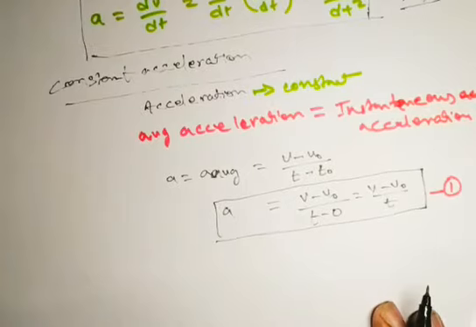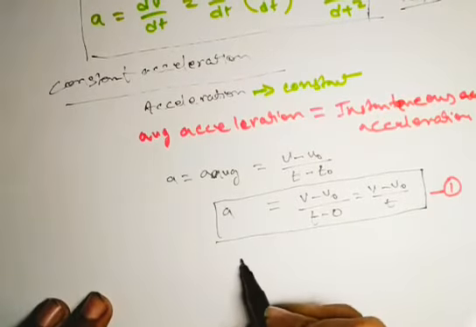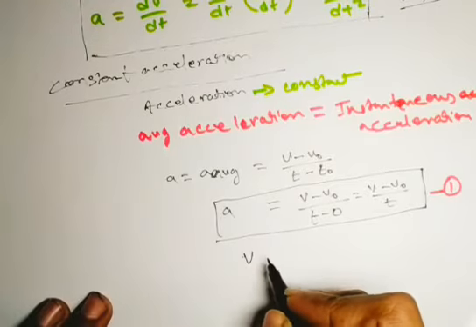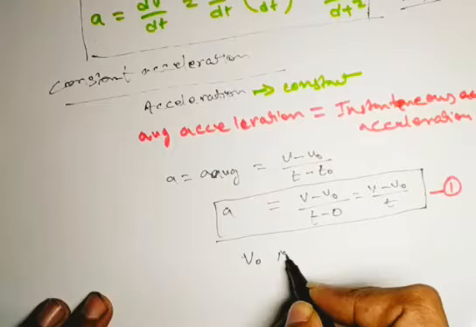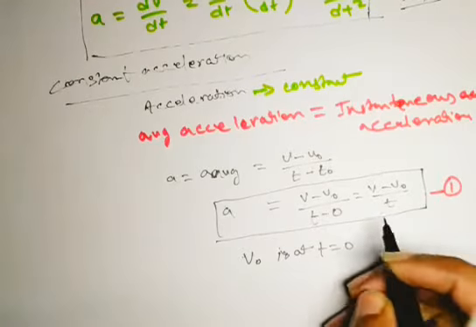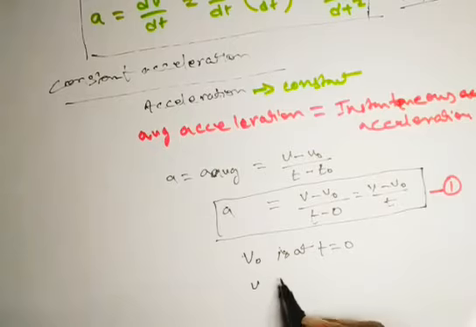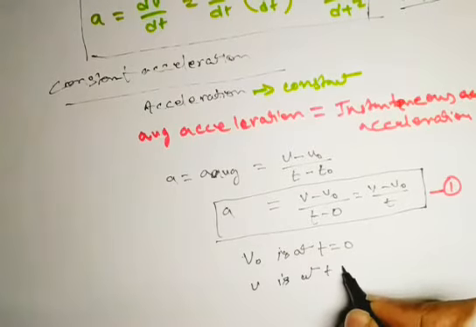Moving on, here we can say v naught is at t is equal to 0 and v is at t is equal to t.